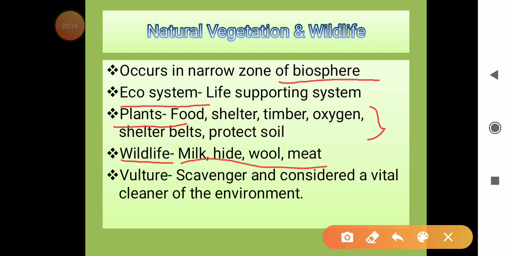Insects like bees provide honey and help in pollination of flowers. The birds feed on insects and act as decomposers in the ecosystem. Vulture, due to its ability to feed on dead livestock, is a scavenger and considered a vital cleanser of the environment.